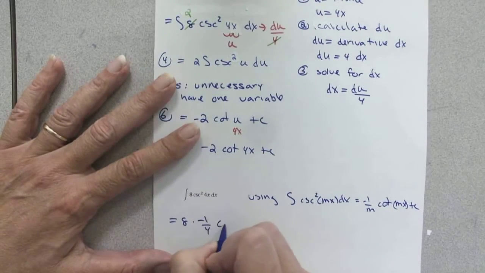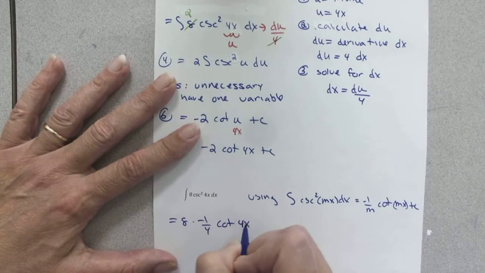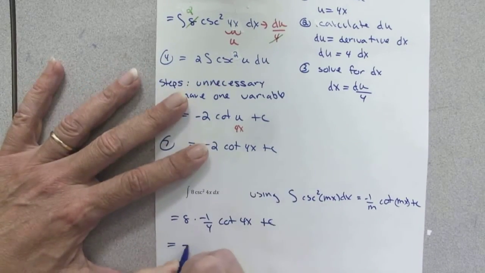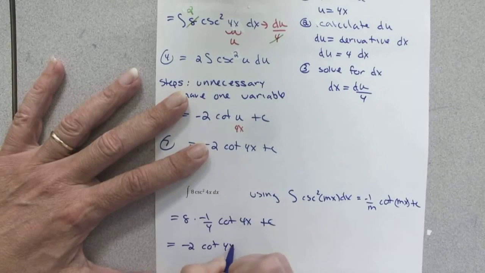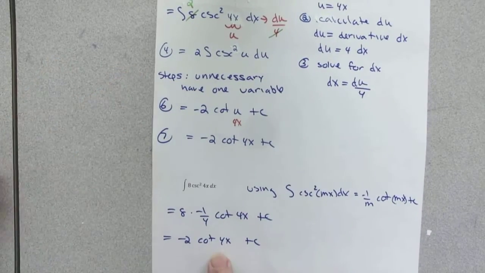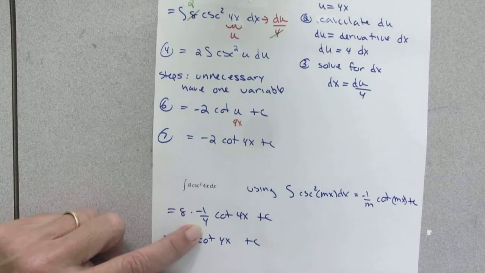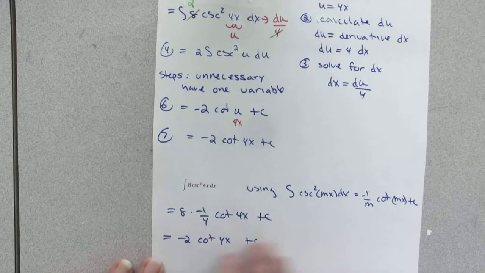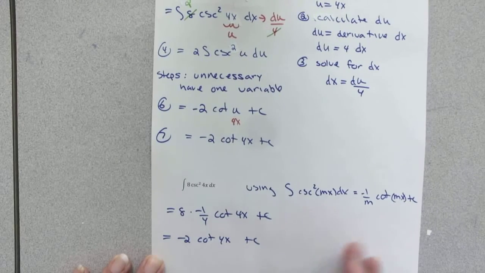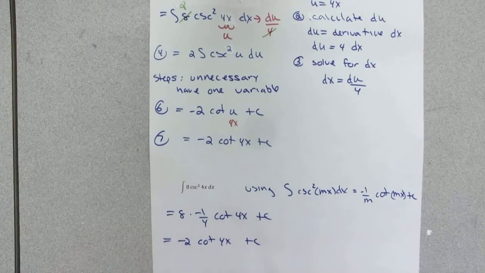That's going to be negative 1/4 cotangent 4x plus c, or negative 2 cotangent 4x plus c. When you have those linear arguments, mx plus b, the effect of that slope every single time is that I'm going to divide by it. This is what I'm hoping to get out of all of you: on these simpler cases, you'll just recognize the effect of that slope and divide by it.